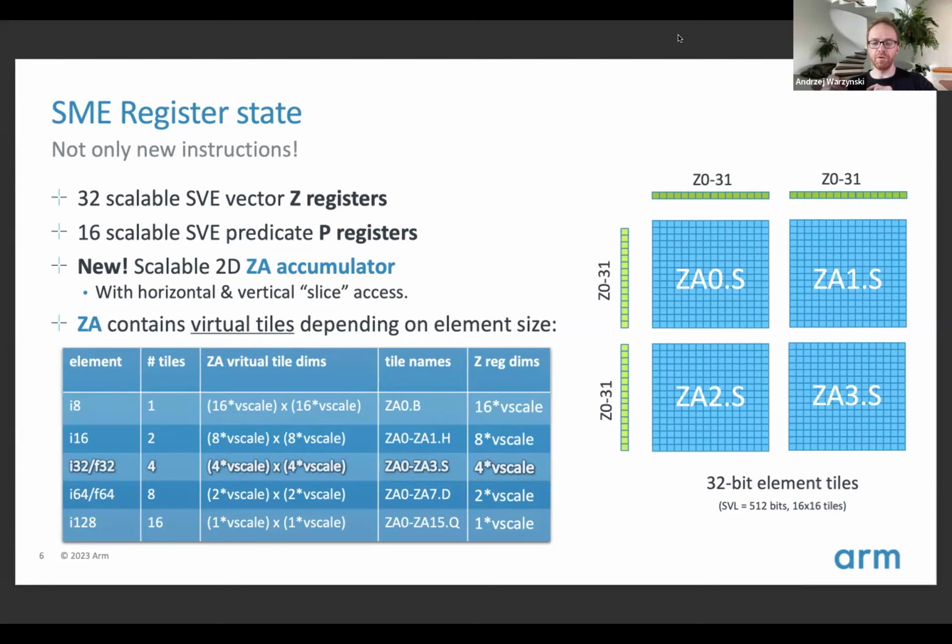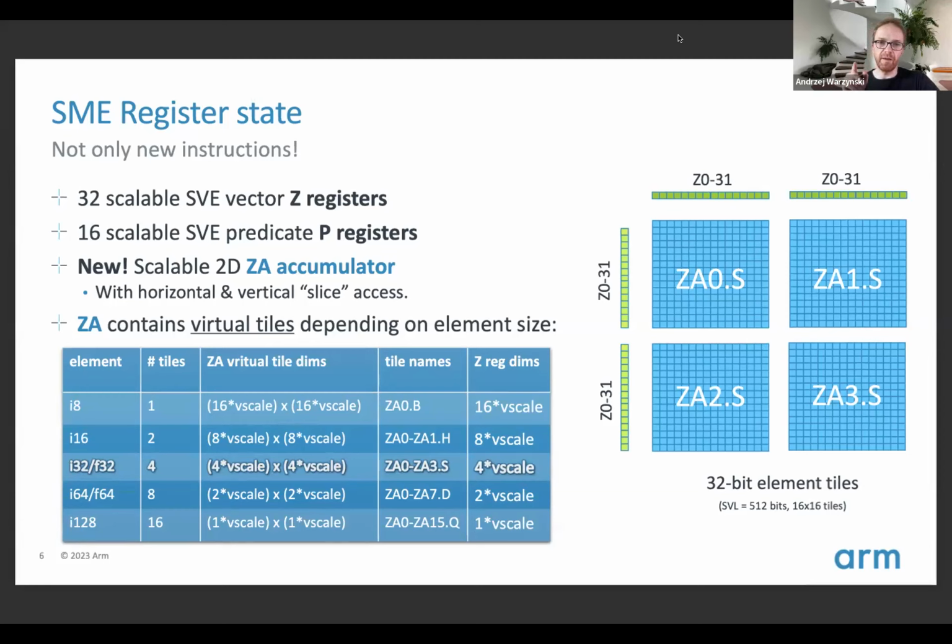And this is what I'm trying to show in the picture on the right-hand side. It means that every column or every vector size-wise matches a scalable vector. And this is, I think, one of the key and one of the nicest parts of the design, the fact that it's all so consistent. And also, as you can see, in the case of 32-bit elements, you have 4 tiles.